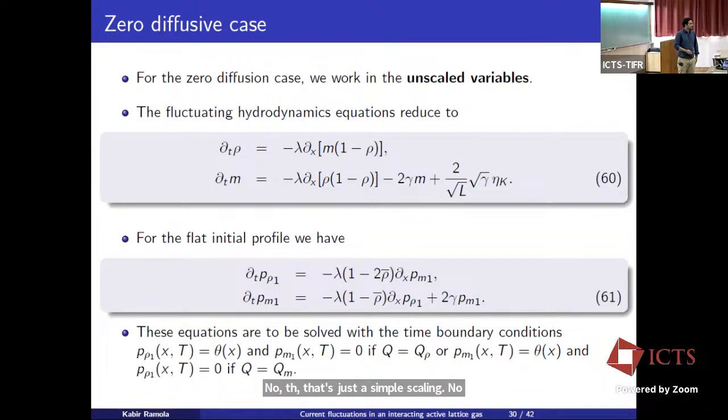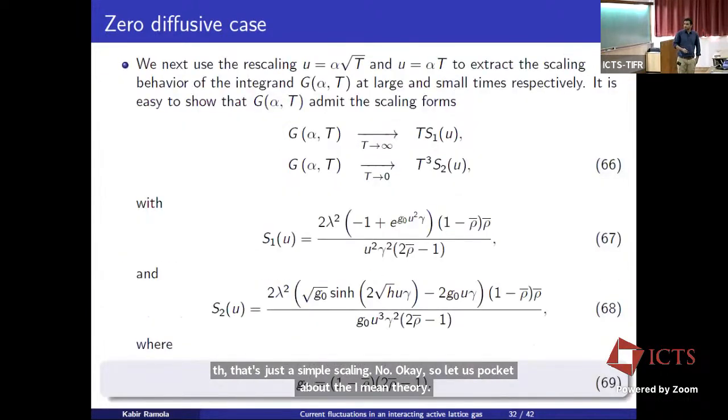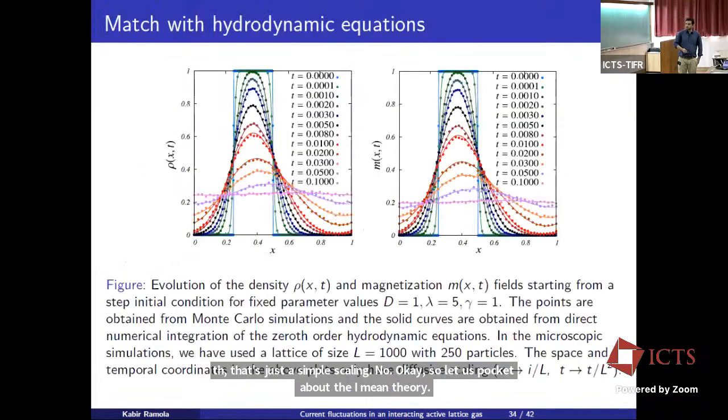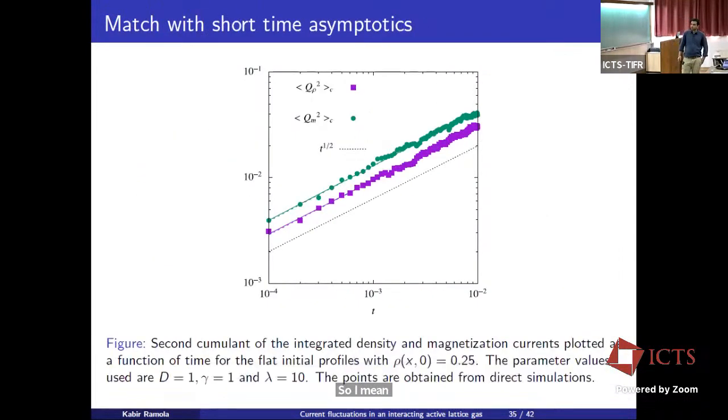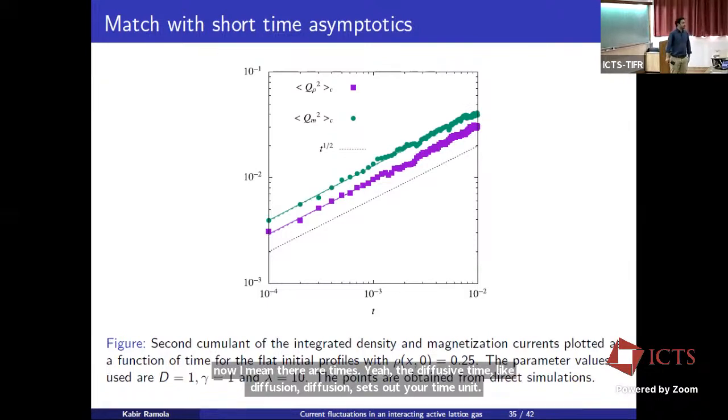So let us forget about the theory. In the simulation, the time scales or the rates you have scaled in such a way that it has a diffusive time scale L square. Yes. So diffusion sets your diffusive time unit. So this is scale 1, and that's L square. That's correct, I mean, T tending to 0.